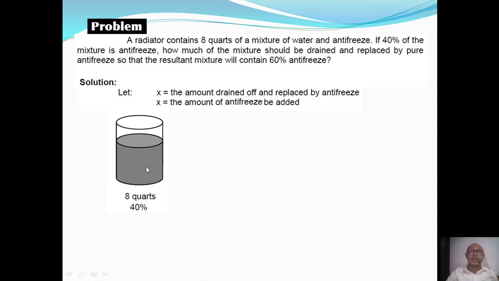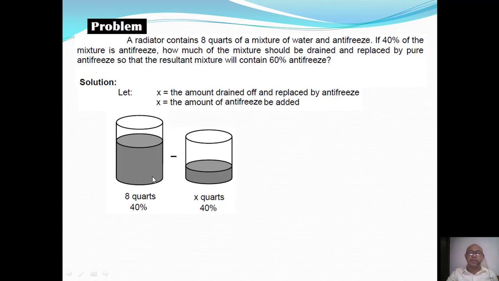initially, this is the radiator. We will just represent it like this. So this contains 8 quarts of a mixture of water and antifreeze, and the antifreeze is 40%. So we will drain off a certain amount of this, which is x.